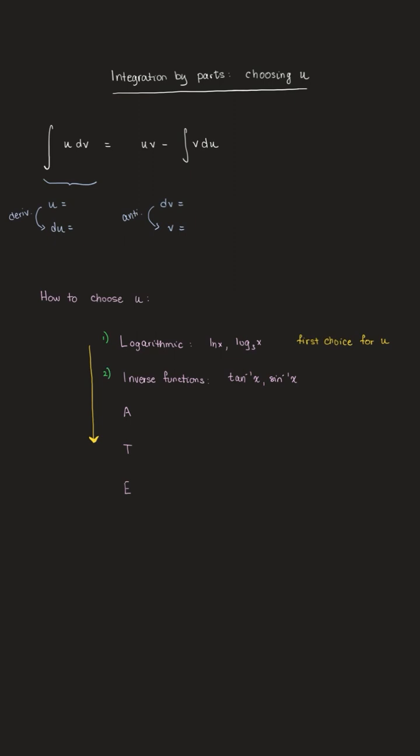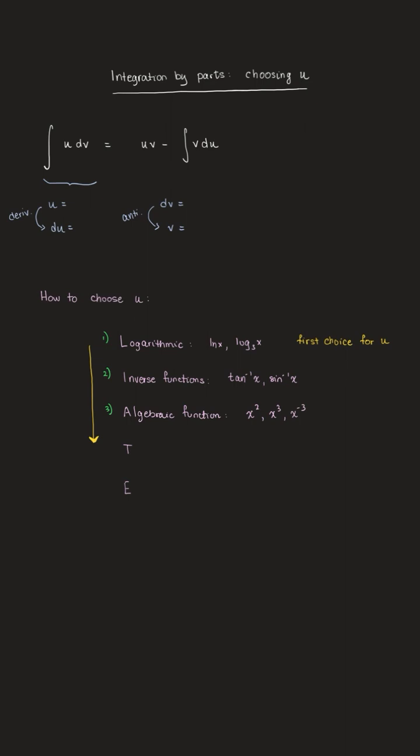Third is the A, which stands for algebraic functions. So these are like power functions. For example, x squared, x cubed, x to the negative 3. Those are algebraic functions. That is our third choice for u. So if there are no log functions, no inverse functions, but you have an algebraic function, that will be your choice for u.